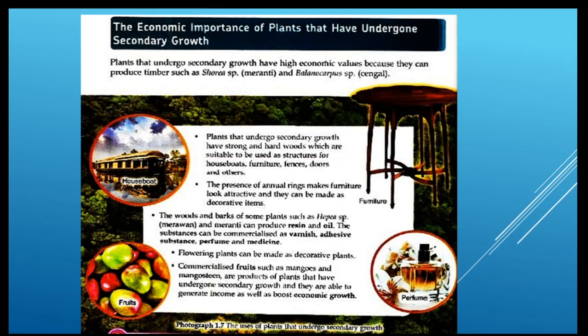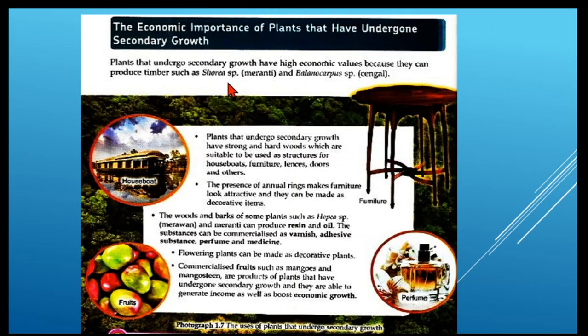Okay, the economic importance of plants that have undergone secondary growth. Apakah kepentingan ekonomi tumbuhan yang mengalami pertumbuhan sekunder? Okay, plants that undergo secondary growth have high economic value because they can produce what we call kayu balak.